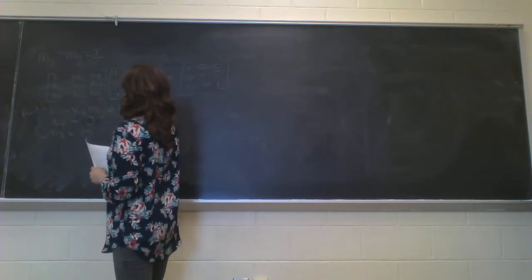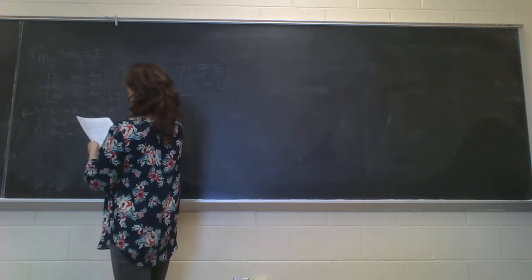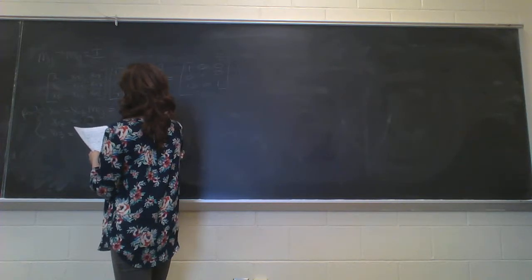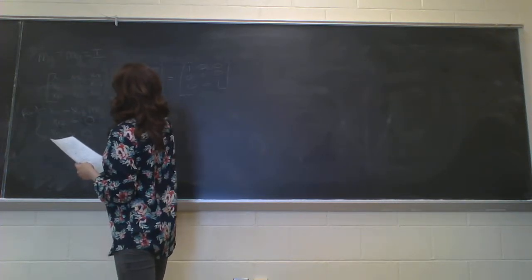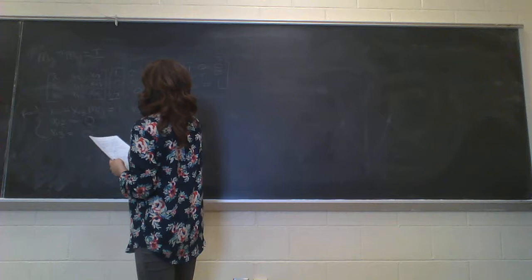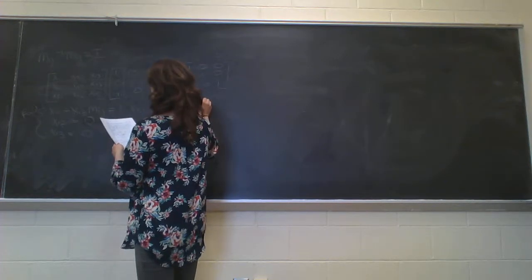That's going to be x21 minus, this one times this one, and then x23 times Mij is equal to 0.